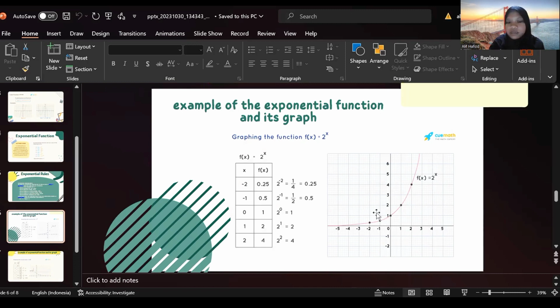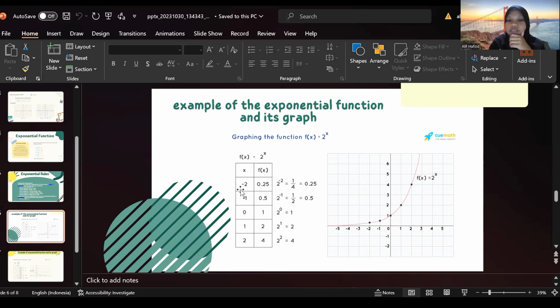This is also the same way as in the previous slide. We just have to put the values of x into the function. So the function is f(x) = 2^x.